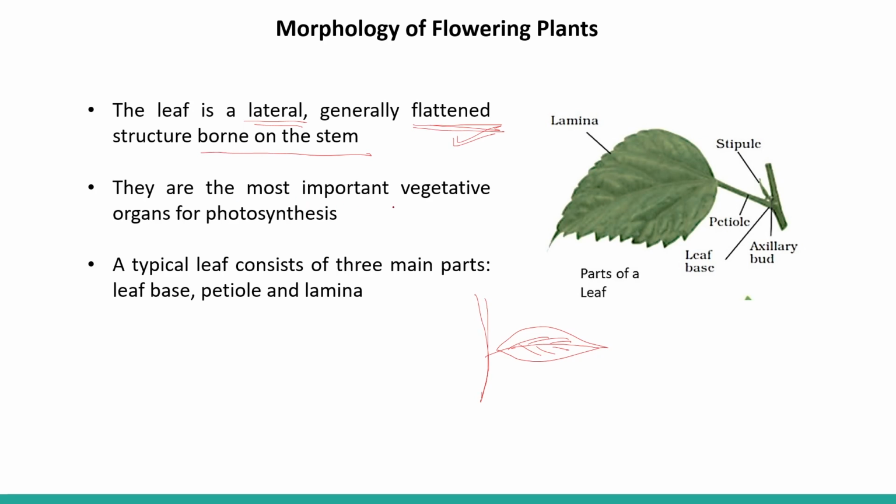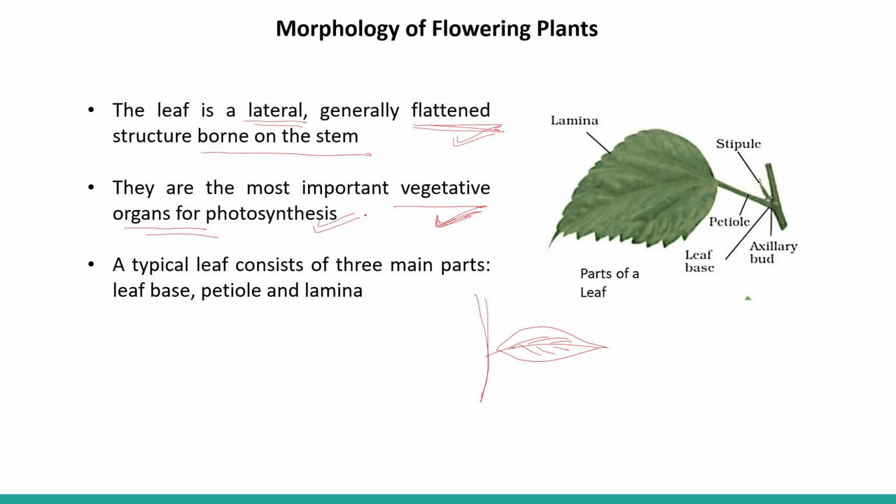They are the most important vegetative organ for photosynthesis because they contain chlorophyll pigment in the chloroplasts, and chloroplasts are present in the leaf cells. There are some other parts that also contain chloroplasts, like sepals. The flower has an outer whorl, that is the sepals. In fact, some branches that are green in color also do photosynthesis.